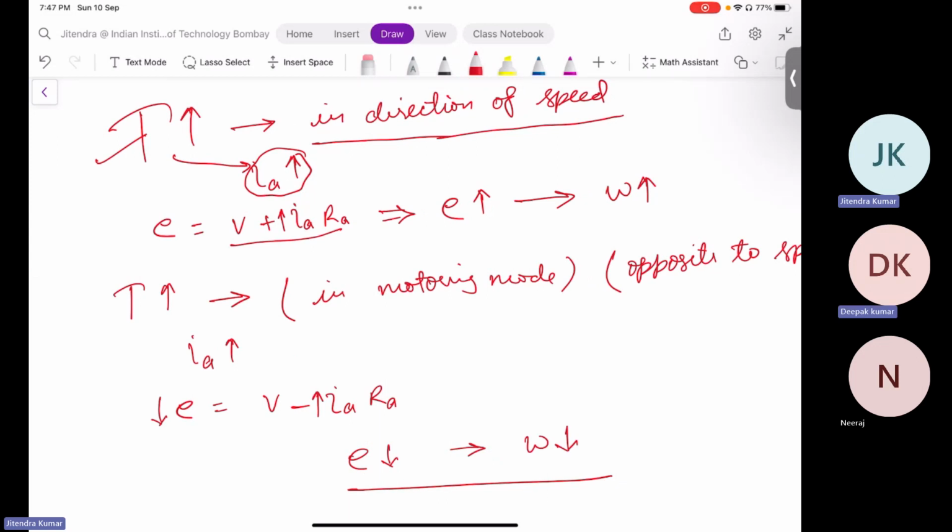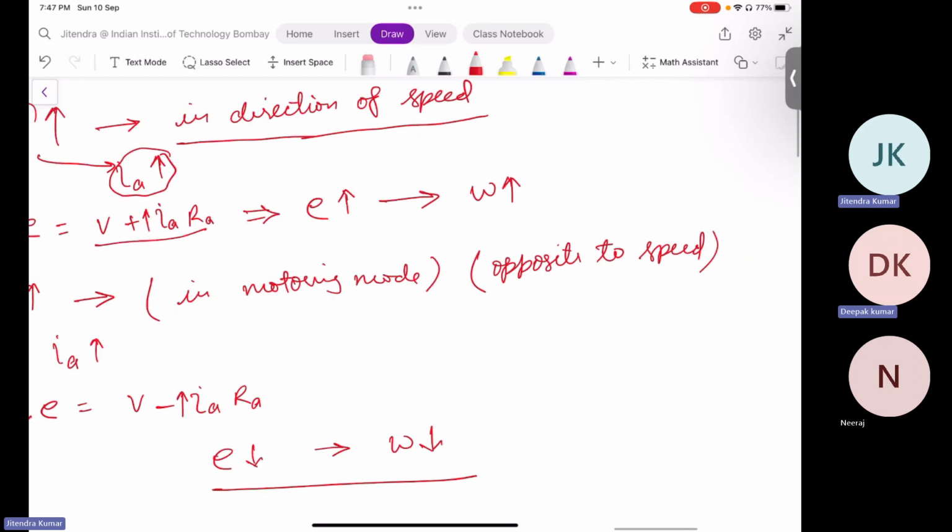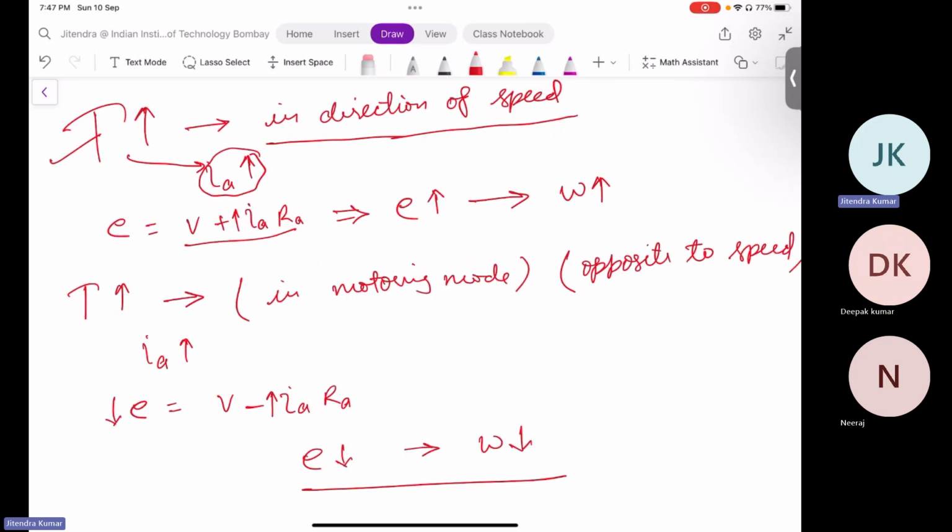Sir, this positive sign will come in the case of generator, and in the case of motor the negative sign? Yes, yes. Okay. And it is not only in the case of generator, also in the direction of speed.